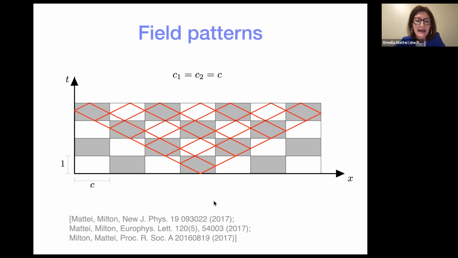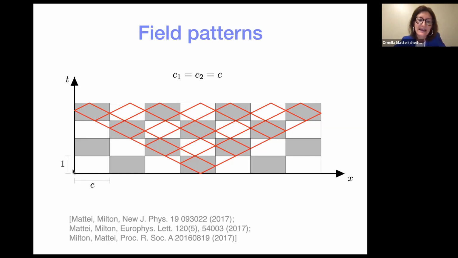So it's still a space-time checkerboard, but here we use this very restrictive assumption that the two wave speeds are equal to each other, so C1 equals C2. But that's not enough. You also need to create the geometry in such a way that it is commensurate to the wave speed.